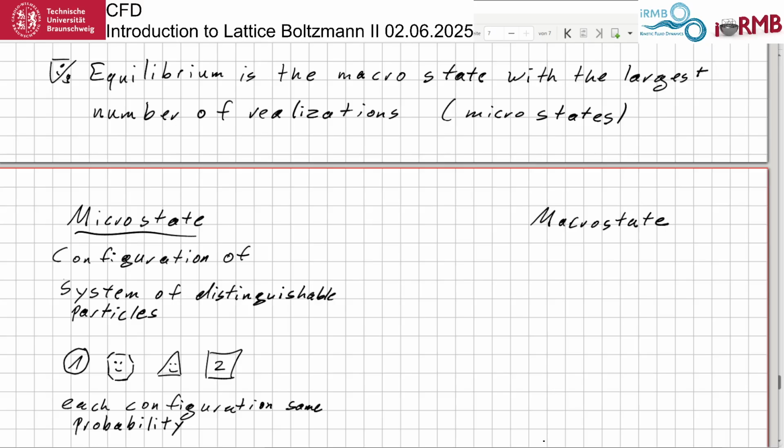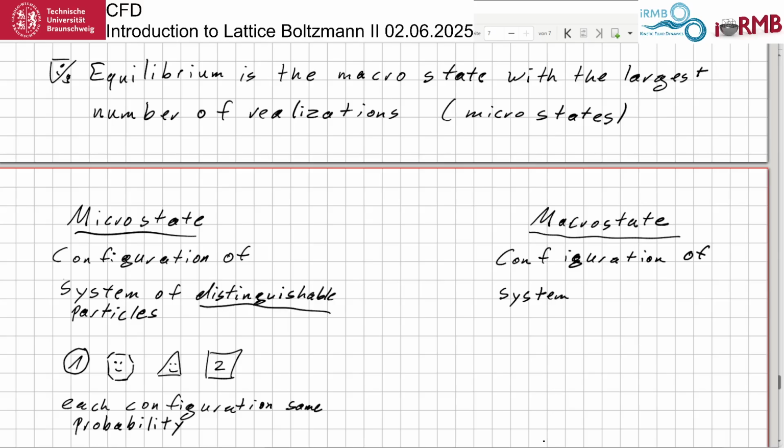Now compare this to what this means for the macrostate. A macrostate is a configuration of a system of indistinguishable particles.